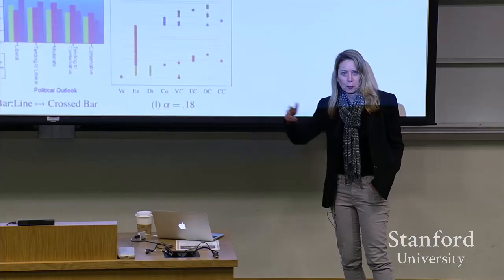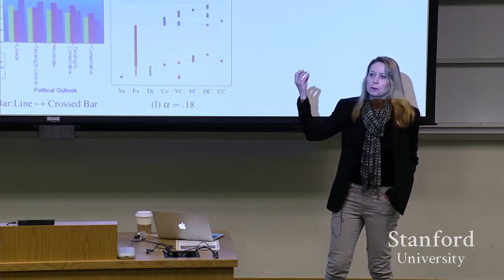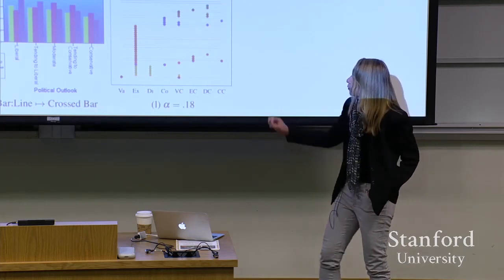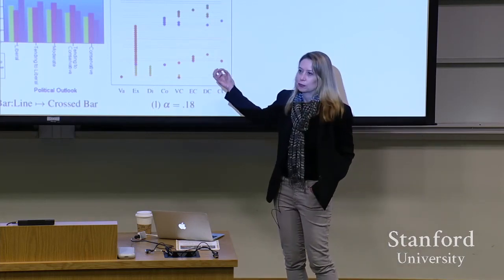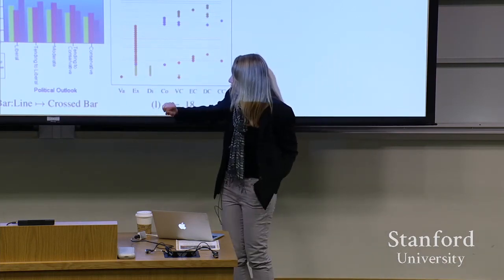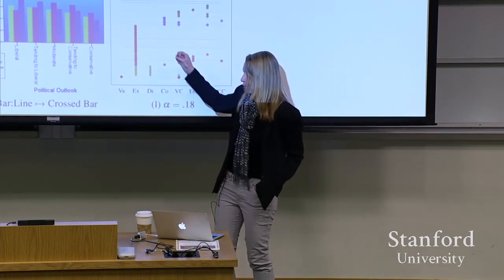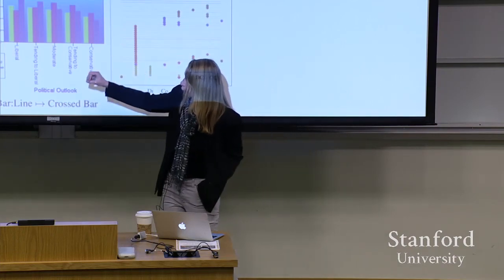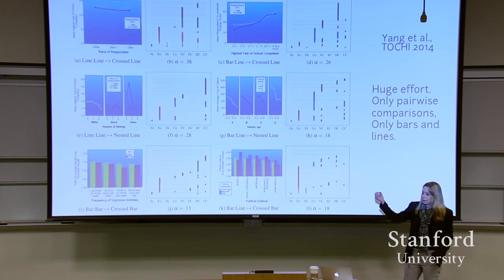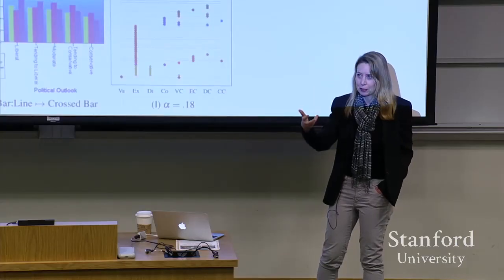So all they did was a whole bunch of comparisons of how you group these pairs together. And it was this enormous amount of work because they wanted to see which ones to use for which kinds of questions and what kind of questions people asked with these different types. And it turned out they asked about extrema and they did comparisons for correlations. But it was a huge amount of work just to look at these pairs. And let's think back at the example I showed you with the Jeopardy data.